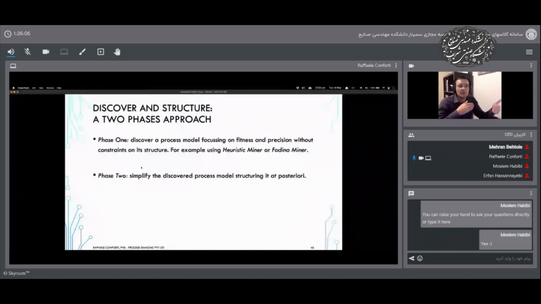So let's try to see if we can fix this unclear start and end by introducing it later, a posteriori. And in this case, we use a technique that is called RPST, which stands for Refined Process Structure Tree.